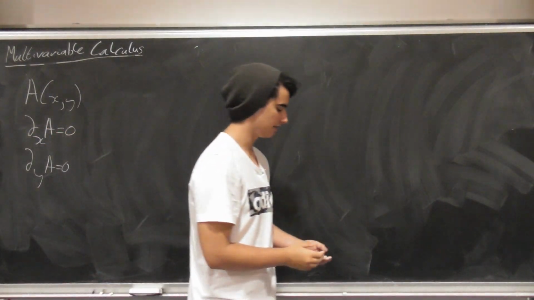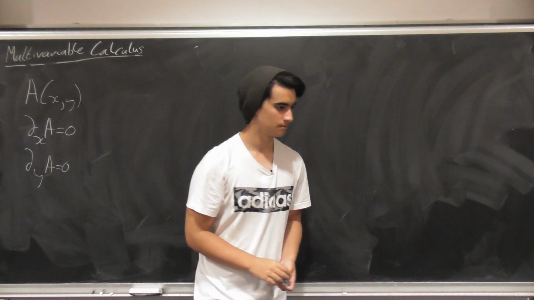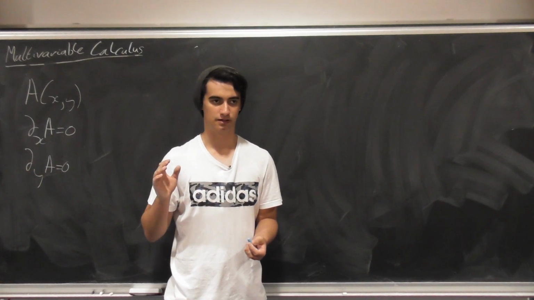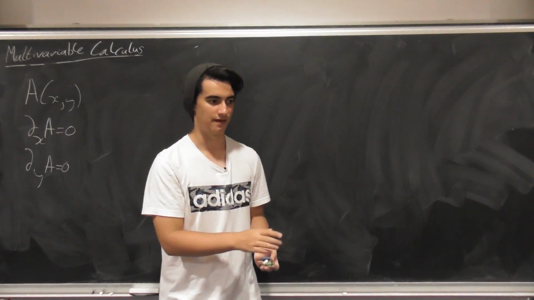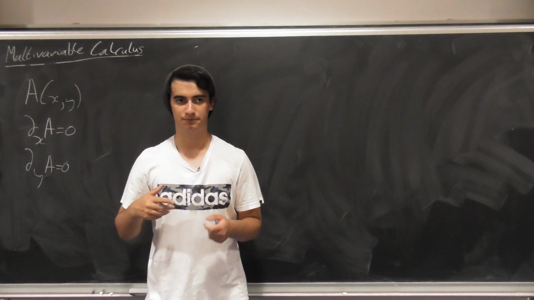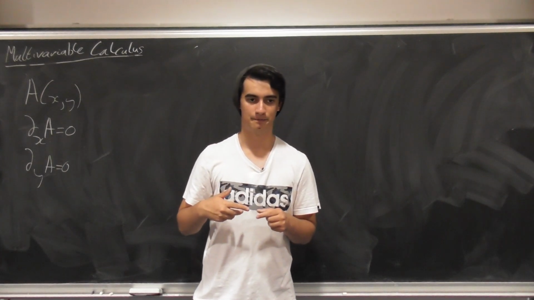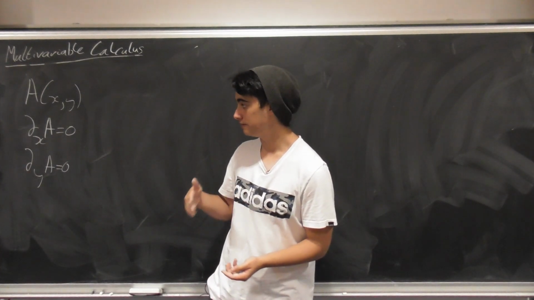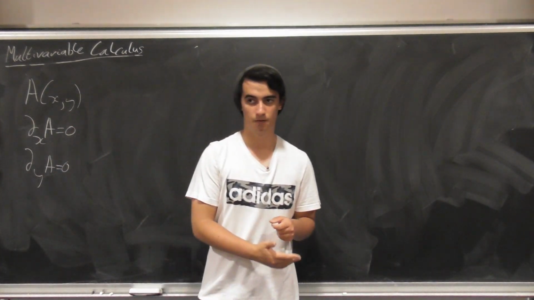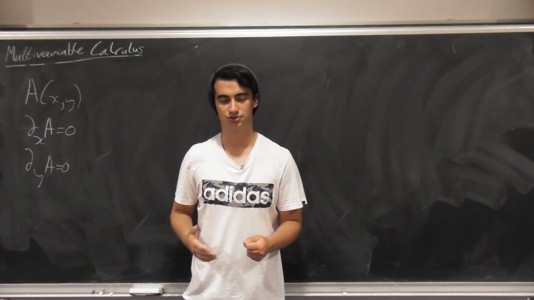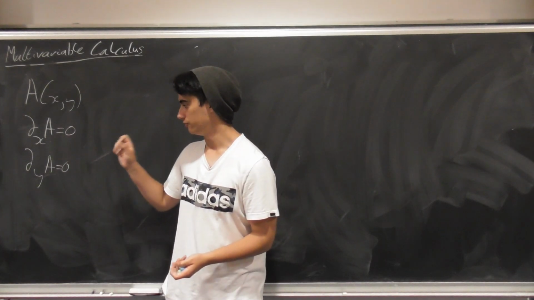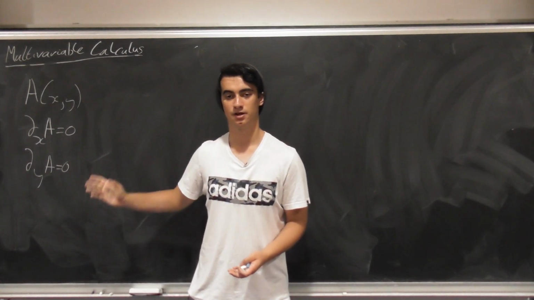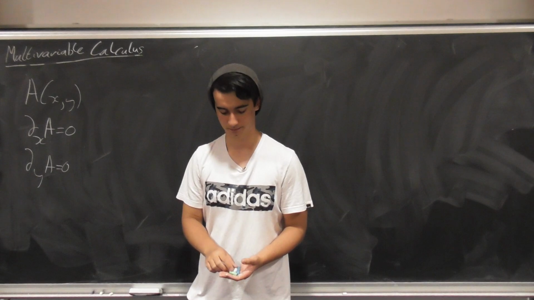So this is like if you imagine a mountainous terrain, or a terrain in general, and you had a valley in that terrain, you might be able to find that it is the minimum with respect to one variable, but not with another one. So really, to find a minimum or maximum or anything like that, you need to make sure that both of your derivatives are equal to 0.